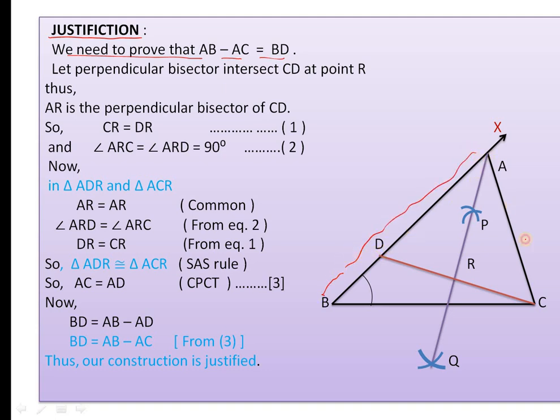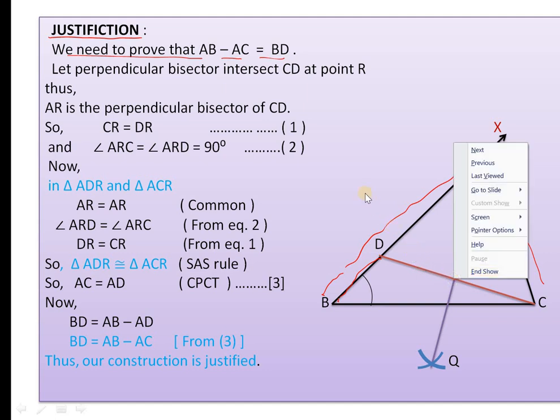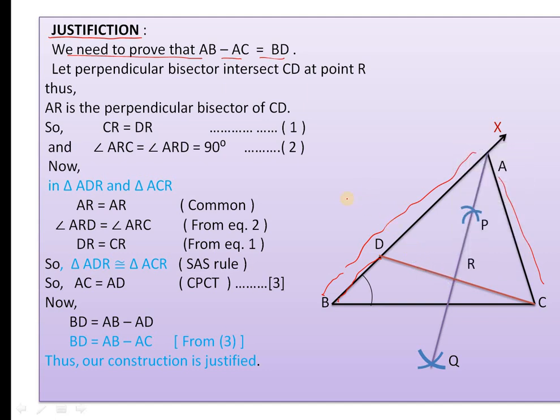Let the perpendicular bisector of CD intersect CD at point R. So AR is the perpendicular bisector of CD, the perpendicular line on CD.